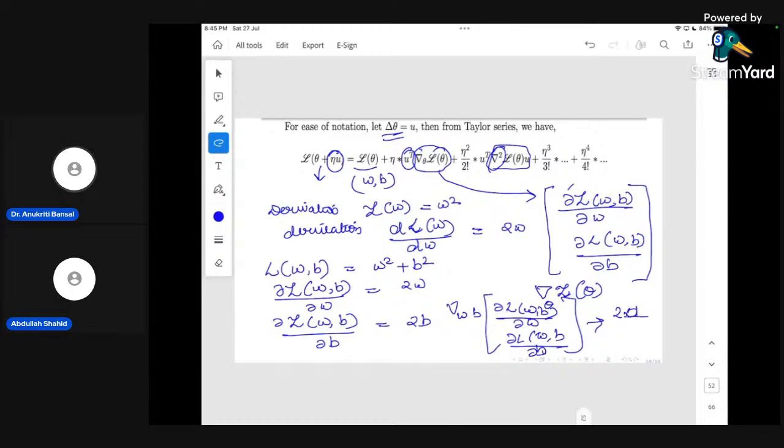Now here, what is this eta? Eta was the small change which I want to make in my original parameters W and B. This eta is a very small value.